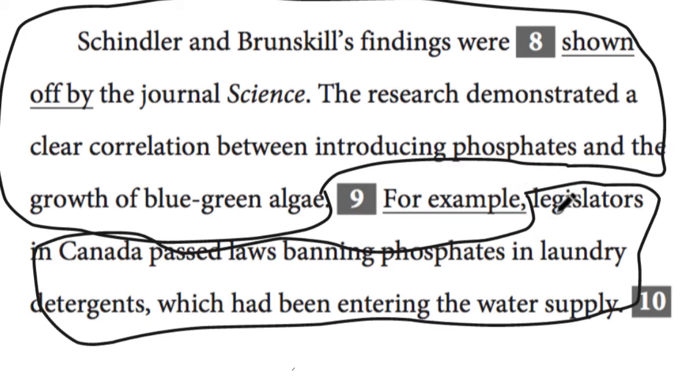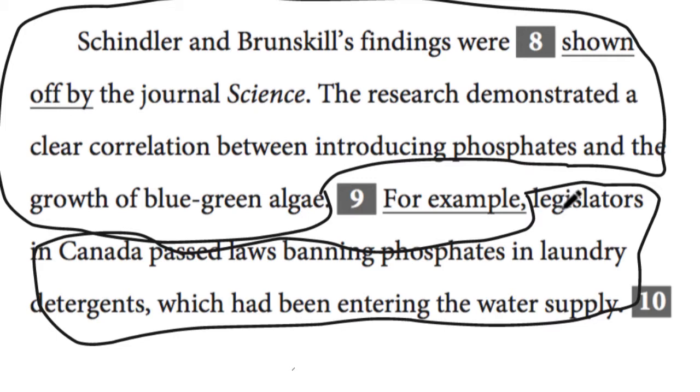The second step is to figure out the relationship between the two ideas. The idea before the underlined phrase is that research shows that there is a correlation or a relationship between introducing phosphates and the growth of algae. The idea after the underlined phrase is that legislators passed laws banning phosphates.